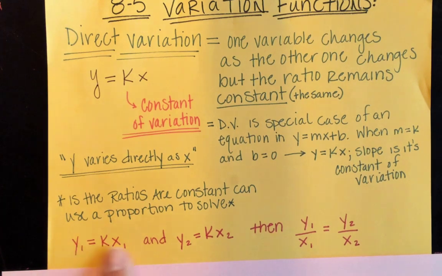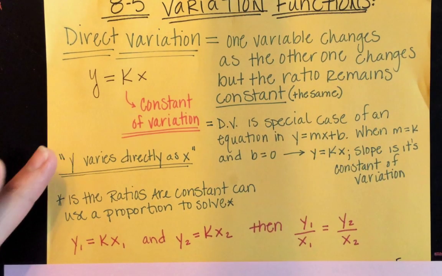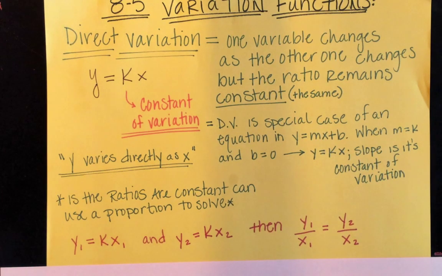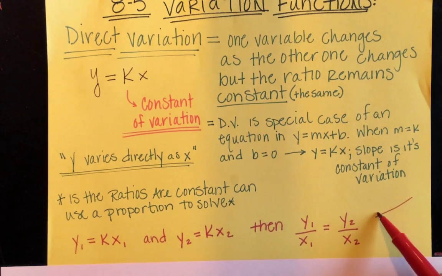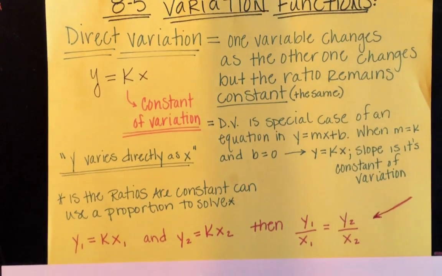So this formula right here is what we want to concentrate on. The minute we see direct variation, we want to immediately look at that proportion. So when we see varies directly, we want to concentrate on that proportion.